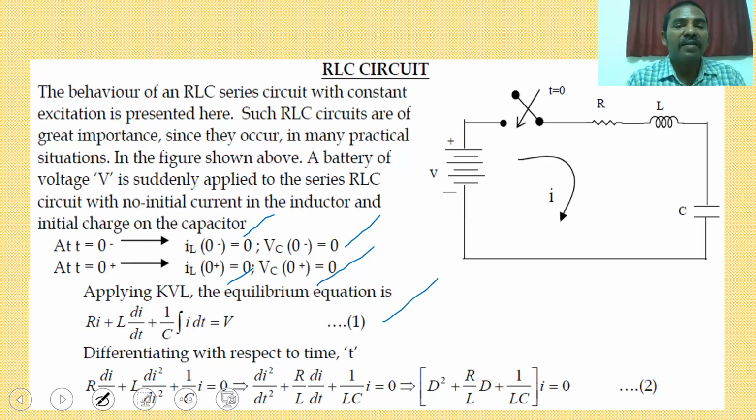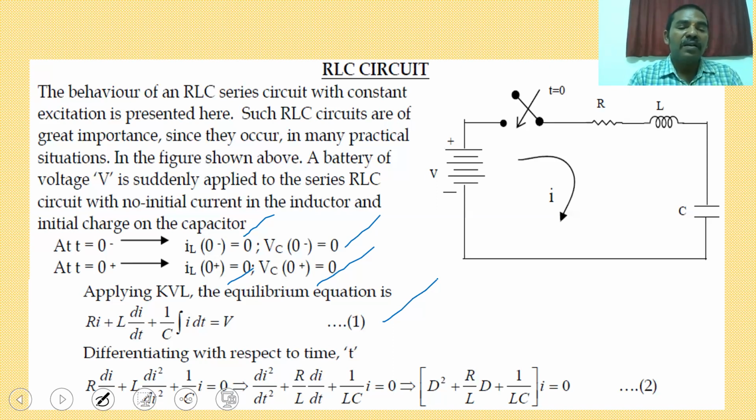To avoid the complexity, we have to go for differentiation with respect to t. So R into di(t)/dt plus L into d square i/dt square plus 1/C into i is equal to 0, because the supply voltage is a step constant of V volts, and the derivative of a constant is 0.